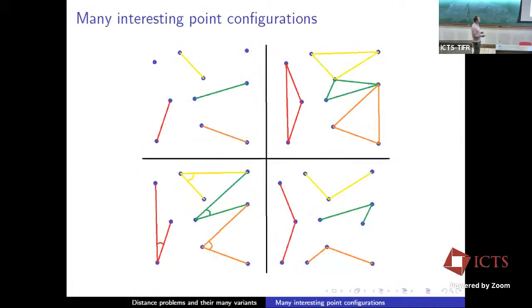Now, we have been talking about distances and triangles, and I hinted earlier in the talk that one can look at all sorts of other configurations: angles, chains, all sorts of things. Generically, we think about them by how many points go into the configuration.